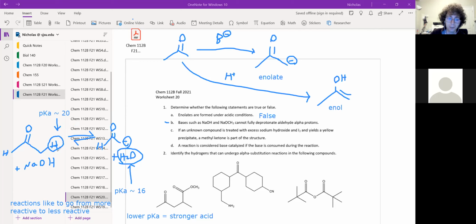The pKa value for an alpha proton on an aldehyde is about 20. So that's the weaker acid side. That's a weaker acid than water. So this side is going to be preferred in this reaction, which means you can't really make much enolate since it's going to want to stick around on the left side.